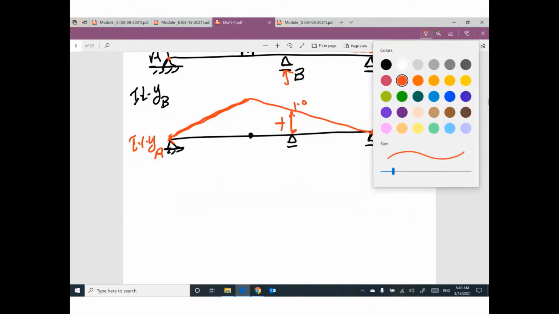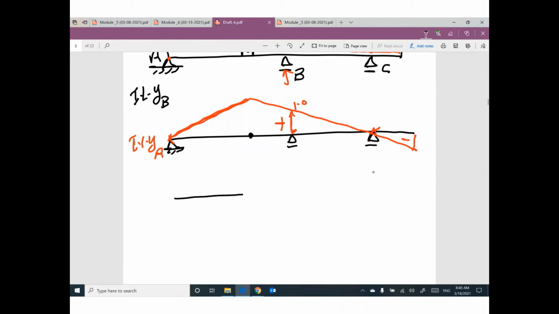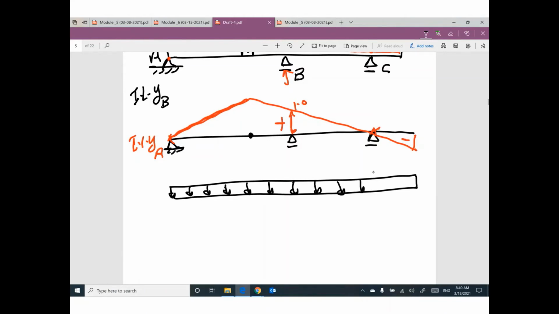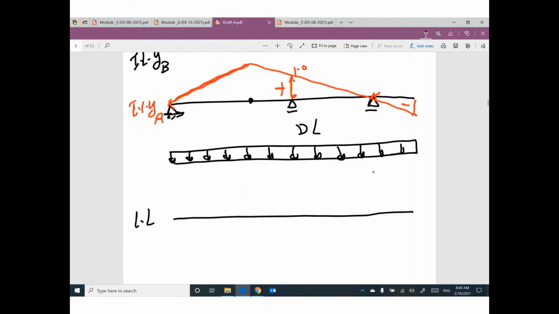If we have dead load, what is the distribution of dead load? No way. The dead load must cover everywhere of the bridge. If we have live load and we need to get the maximum negative effect, do you know where can I put the live load?